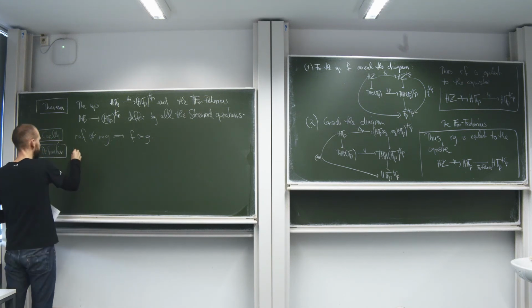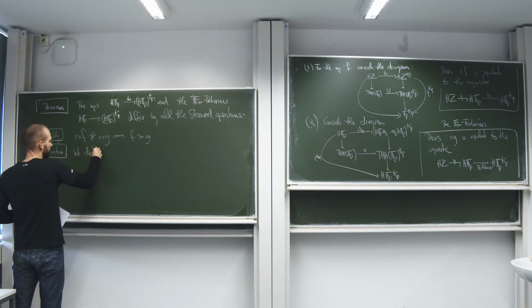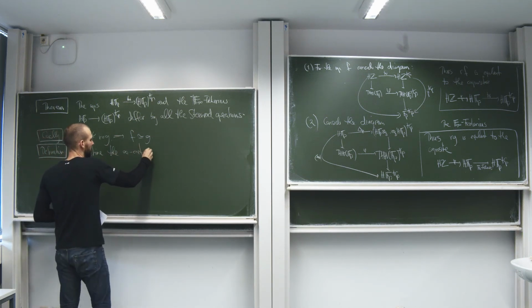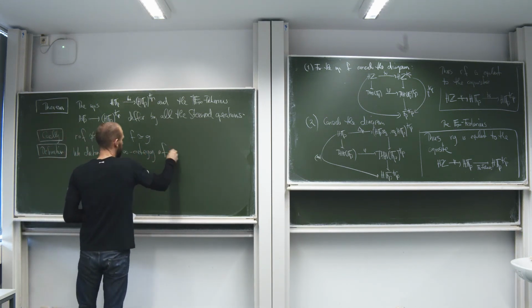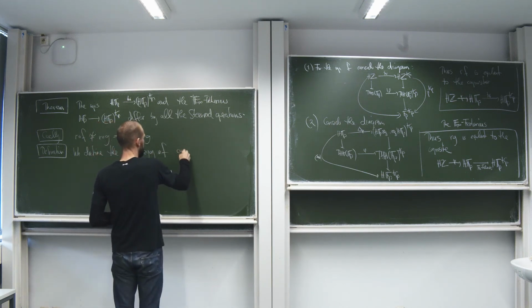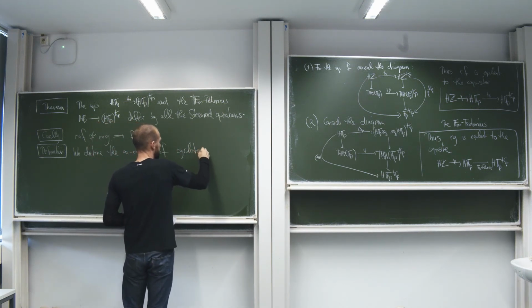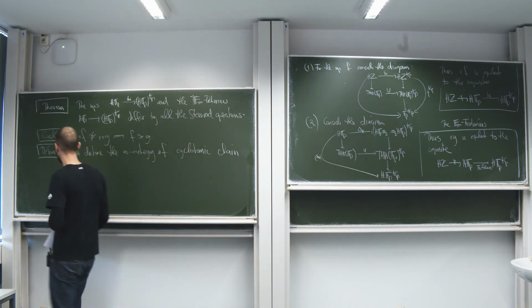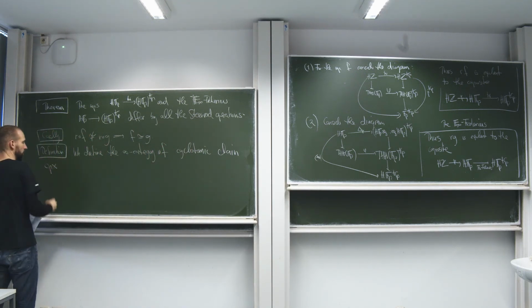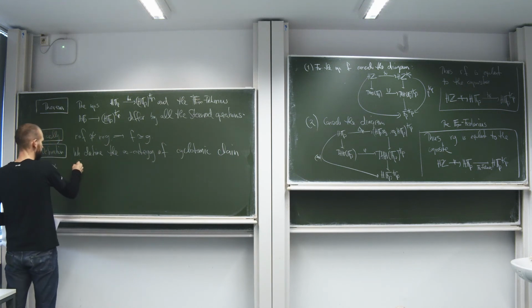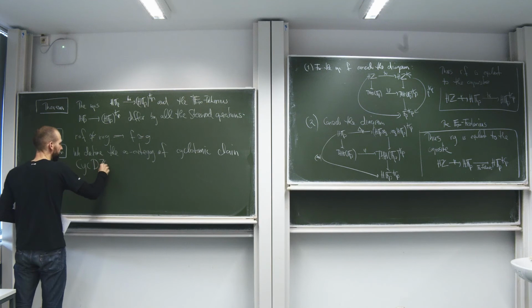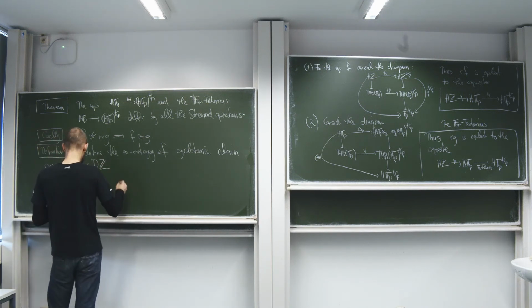We define the infinity category of cyclotomic chain complexes, or the cyclotomic derived category would maybe be a more appropriate name, cyclotomic DZ, as the pullback.